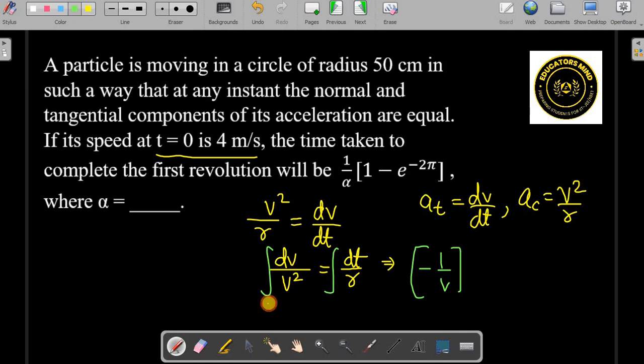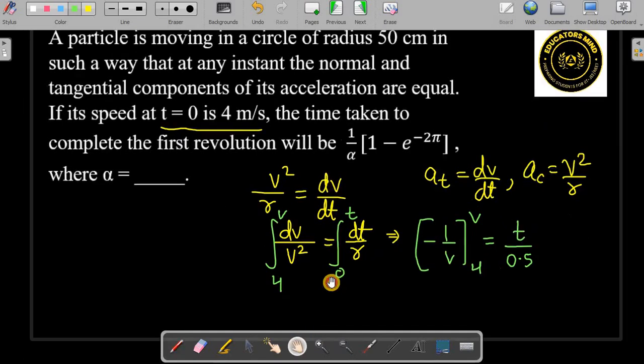Initial velocity they have given, right? 4. Final velocity we don't know, v. Initial time is 0. R is anyway constant. Final time is t. So velocity is a function of time. We'll calculate. Radius will come out. Radius is 50 centimeter, which is 0.5, and integration of dt is t.